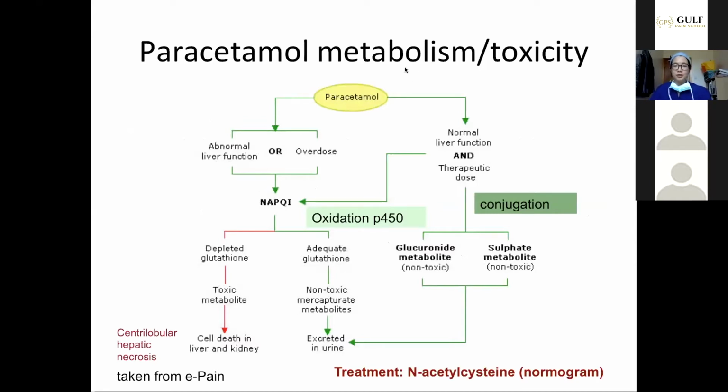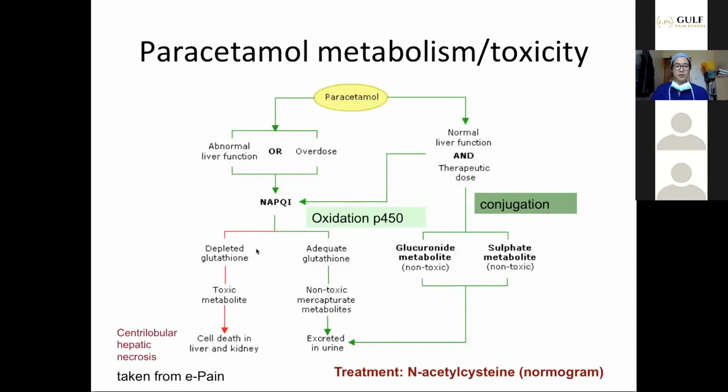So if you look at this metabolism flow chart, you can see that most of the metabolism is via conjugation, and then there's a very, very small proportion which gets oxidized by the cytochrome P450 system. In a normal state, if there's enough glutathione, then it gets conjugated and excreted.